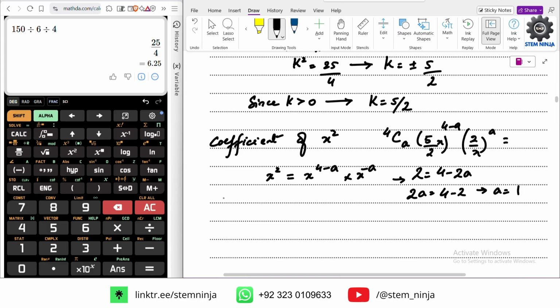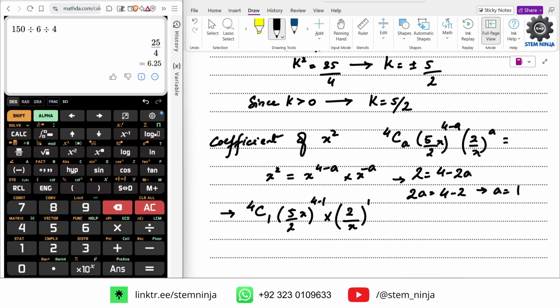So this means that for 4C1, it would be (5 over 2 x) raised to power 4 minus 1 and the other one was 2 over x to the 1.